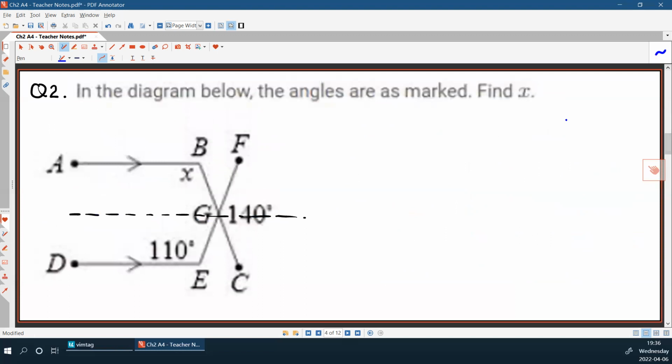Okay, question 2. In the diagram below, the angles are as marked. Find the value of x here. Again, we can make a new line here.